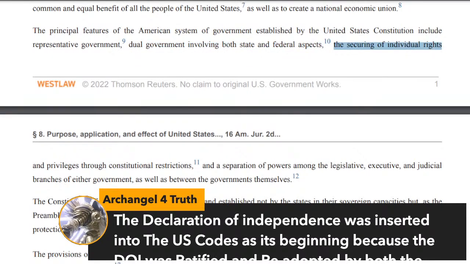The securing of individual rights and privileges through constitutional restrictions. So nothing is being given, it's being secured. And a separation of powers among the legislative, executive, and judicial branches of either government, as well as between the governments themselves. We're talking the state and federal.